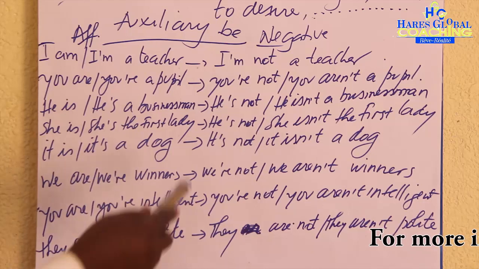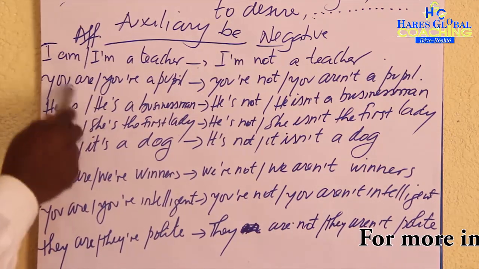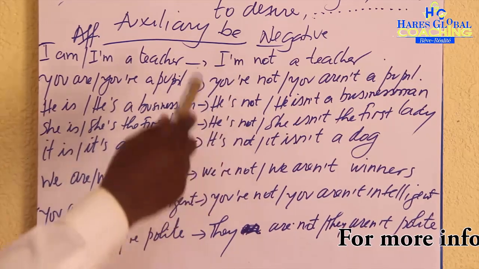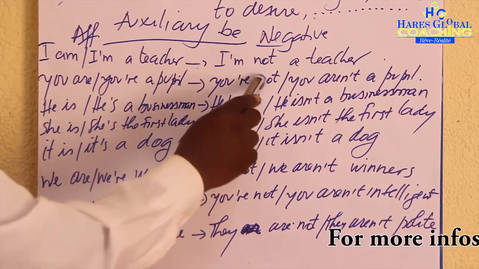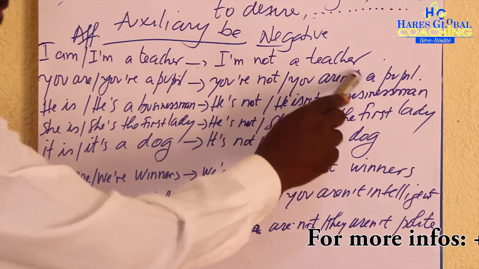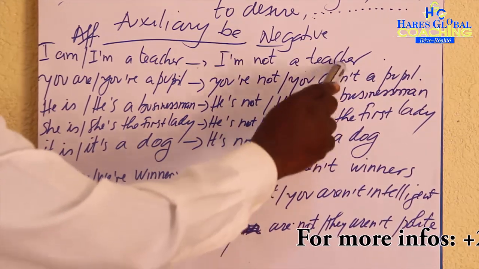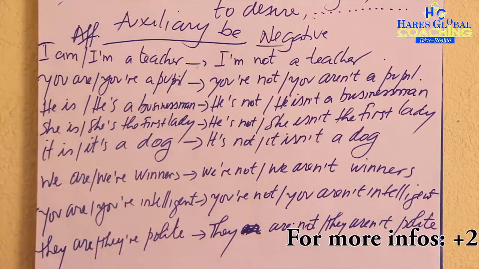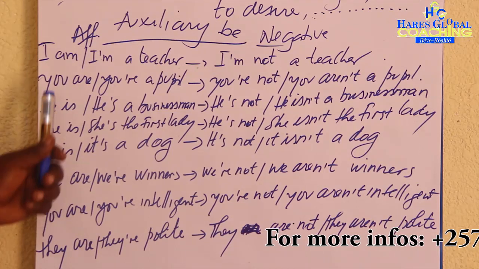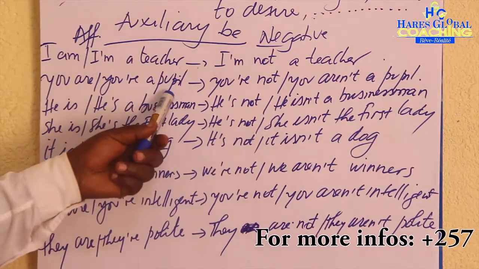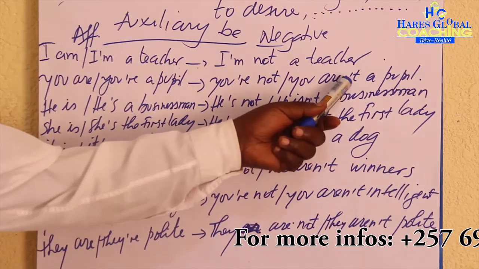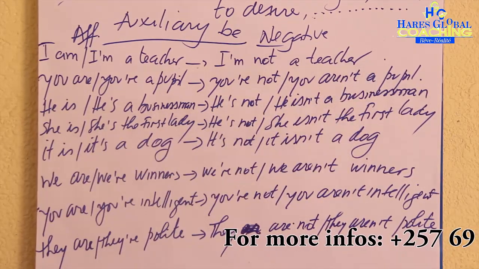You can decide to contract the are and say you're, or you can decide to contract the not. If you contract not, you connect not to are and you contract the not by n apostrophe t, and it is for all the other subjects. You are or you're a pupil. You're not or you aren't a pupil.